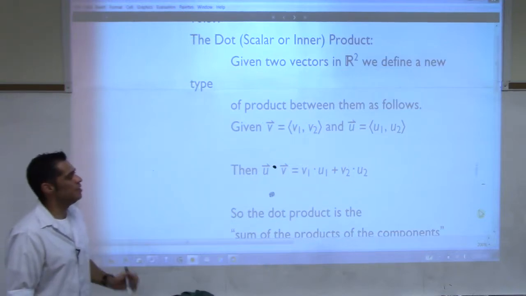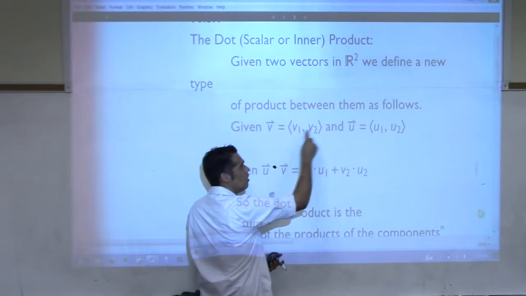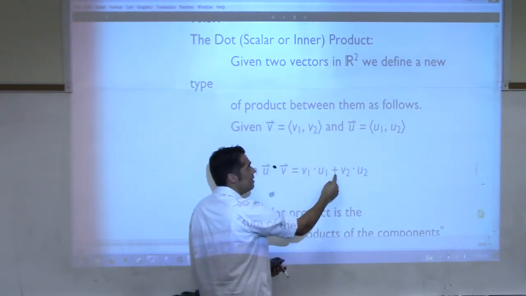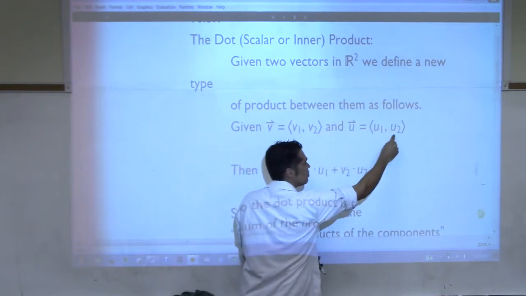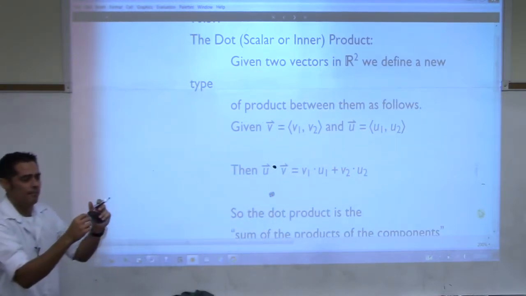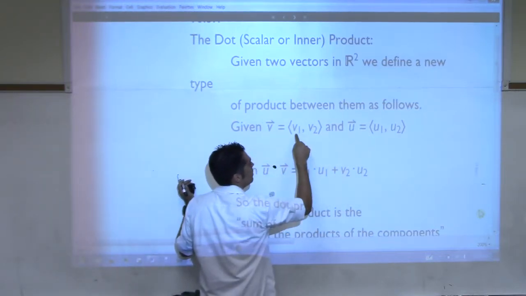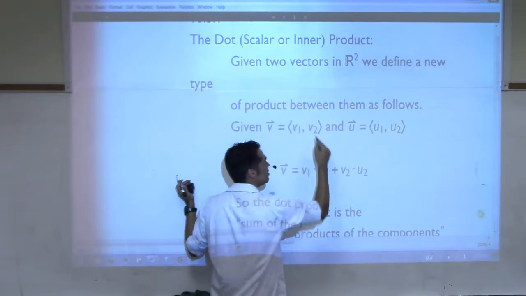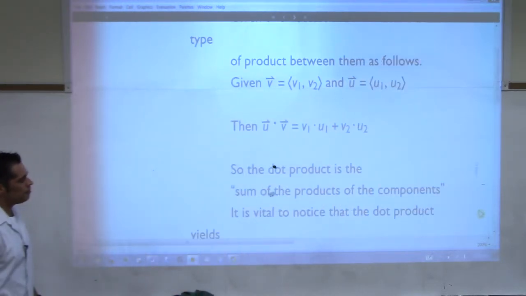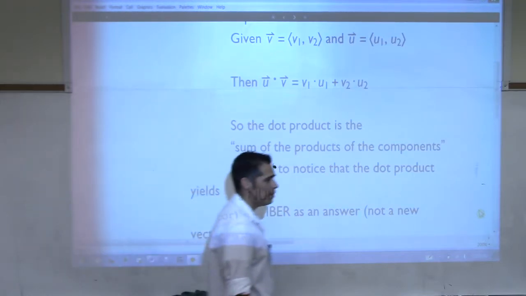All you're going to do is take the components v1 and u1, multiply them, and then add them to v2 and u2 multiplied. So you multiply the components and add them. This should result in a number, right? Because you're doing number times number plus number times number. That gives you a number. And I say that here: the dot product is the sum of the products of the components.